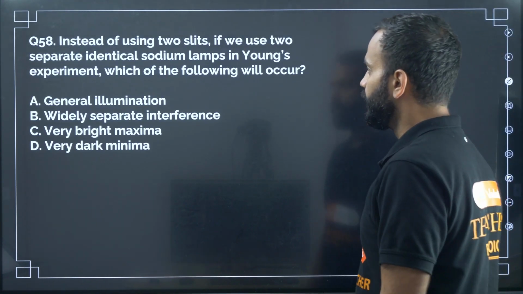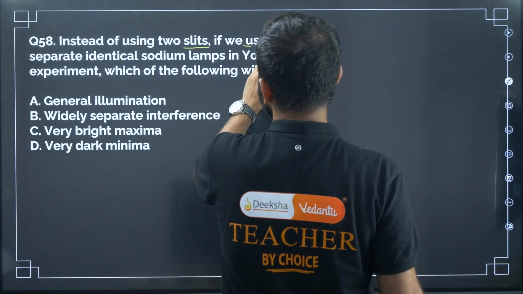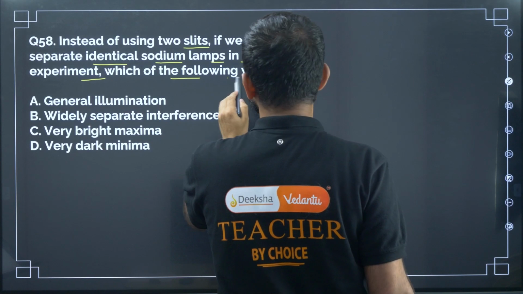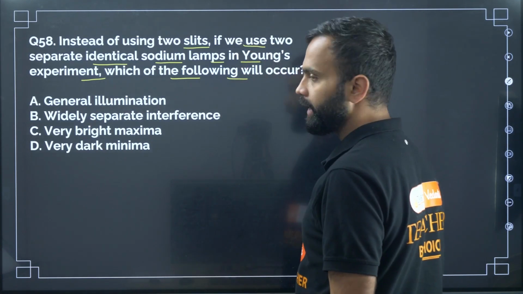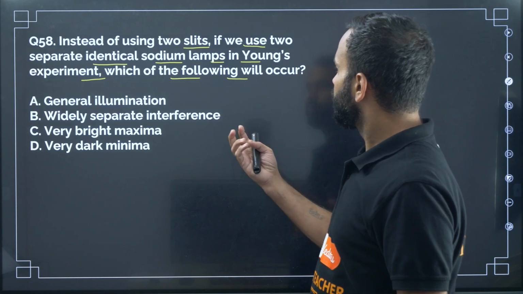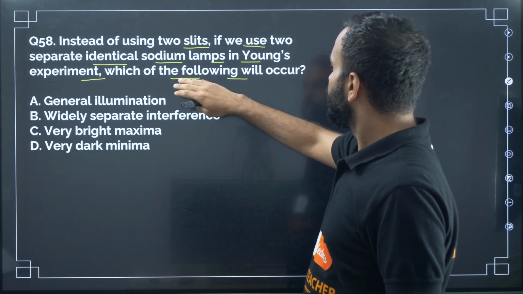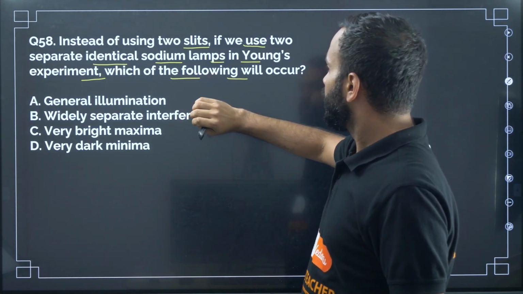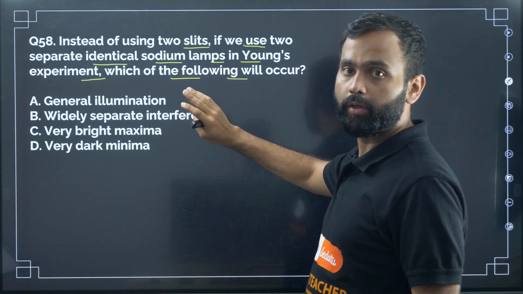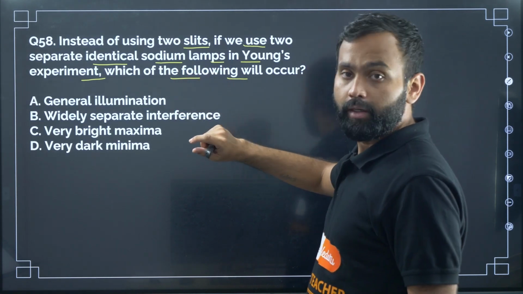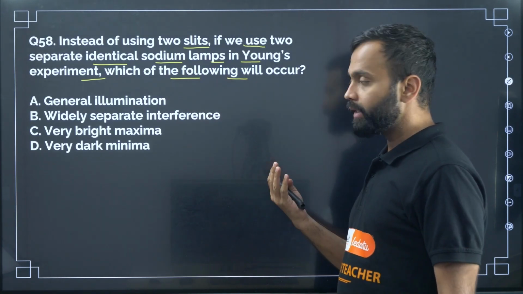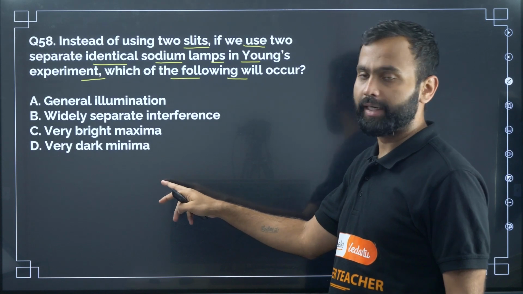Next one, question number 58. Instead of using two slits, if we use two separate identical sodium lamps in Young's experiment, which of the following will occur? Instead of using a coherent source, if you use two identical sodium lamps, we don't get the maxima, or the bright fringe; we will get a dark fringe, right? Why?